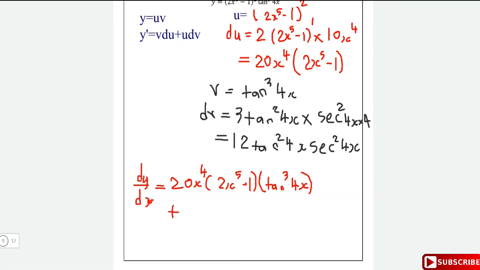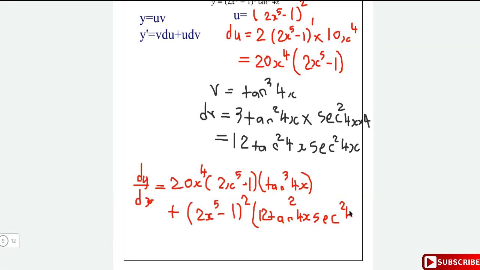Where is u? See u there? This is u. So plus u, which is 2x to the 5th minus 1 squared, multiplied by dv, so dv right here, all of this, which is 12 times tan square 4x sec square 4x.